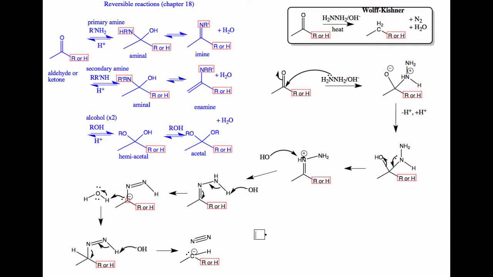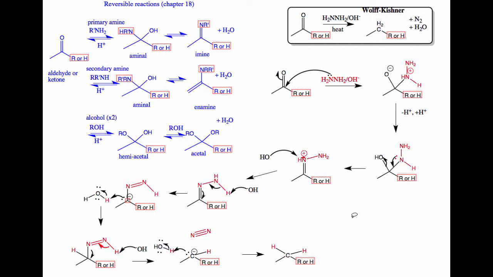Once again, this carbanion will be a strong base and willing to accept a proton from an acid such as the water that was just created to give us our final reduced product plus nitrogen gas plus an equivalent of water.